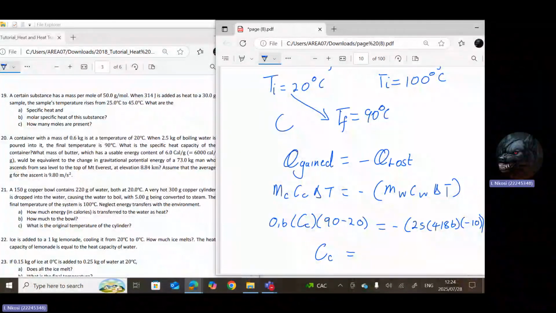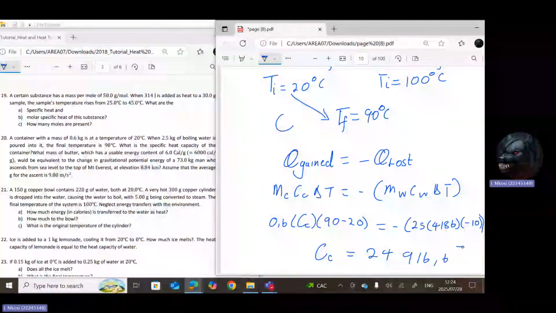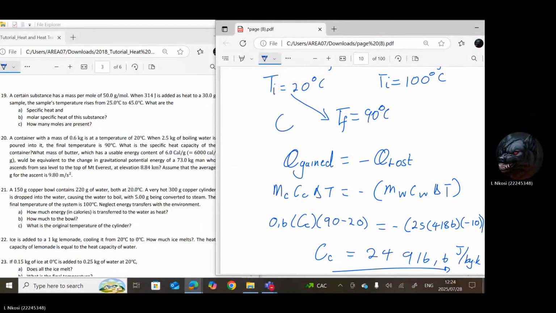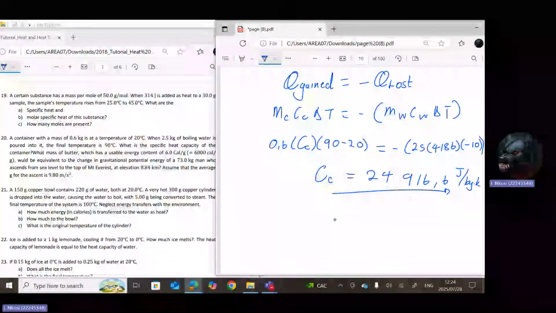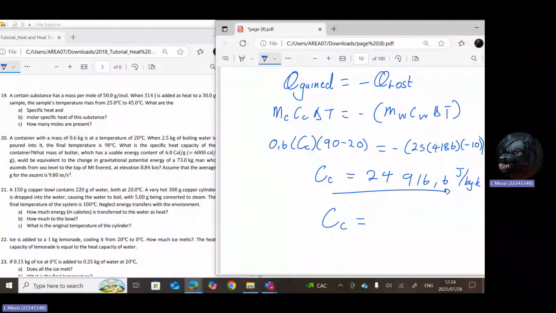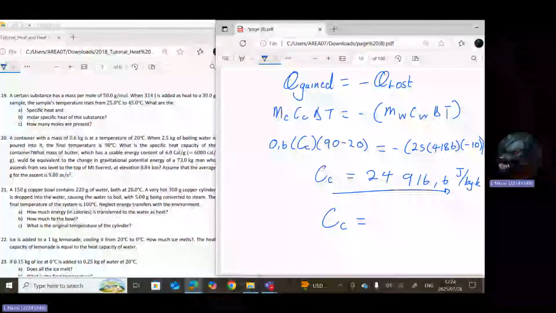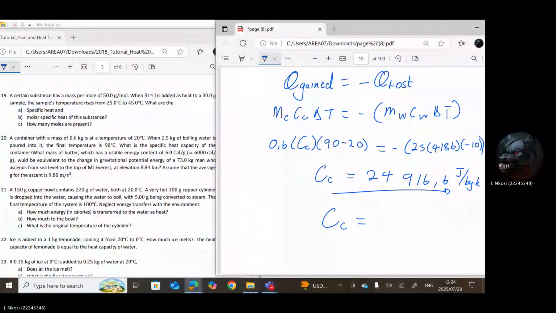So it's negative 16.6 per kilogram. You can probably divide by 1,000 from the table to get kilojoules per kilogram Kelvin.